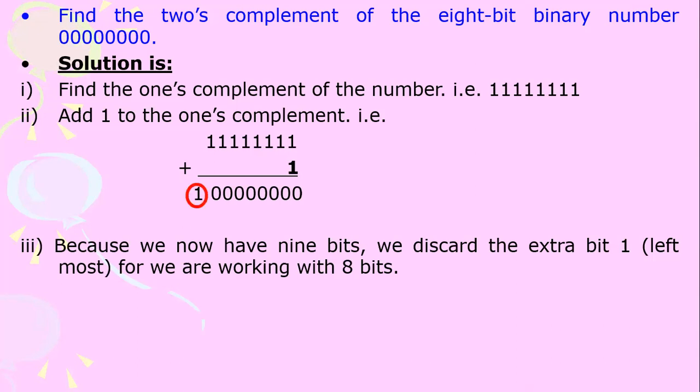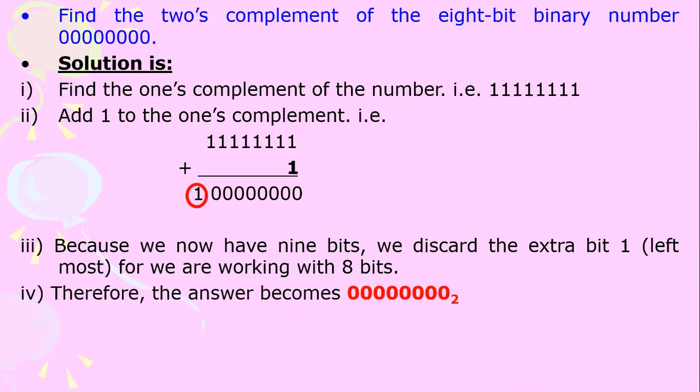And therefore, in this case, we discard the 1, not the 0. The one I have highlighted or circled in red. That one. So when we discard it, our answer becomes 0, 0, 0, 0, 0, 0, 0, 0 binary.